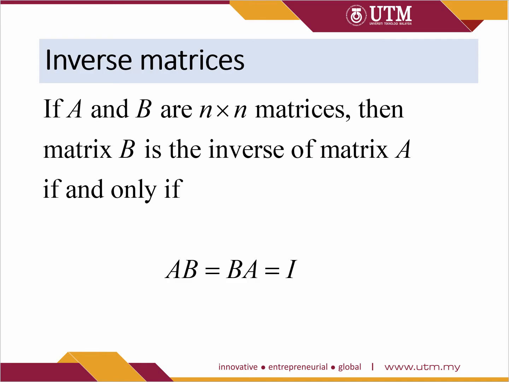If matrix A and B are square matrices with n by n matrices, then matrix B is the inverse of matrix A if and only if the multiplication of A and B equals the multiplication of matrix B and A, which produces the identity matrix, which is I. So I here is represented as the identity matrix, where the diagonal is equal to 1.